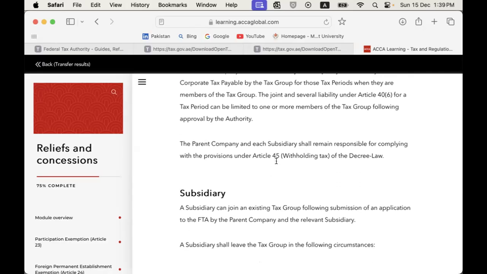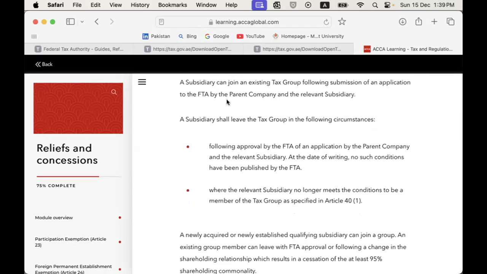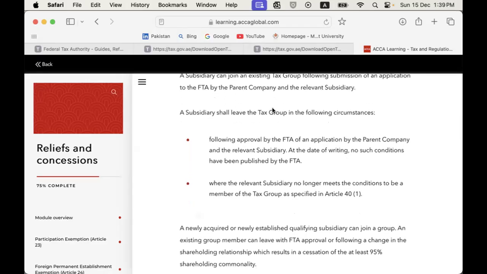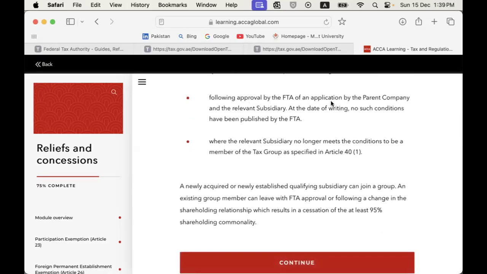Now, what else? Let's have a quick look at the subsidiary also. A subsidiary can join an existing tax group following the submission of an application to FTA by the parent company and the relevant subsidiary. A subsidiary shall leave the tax group following approval by the FTA of an application by the parent company and the relevant subsidiary.